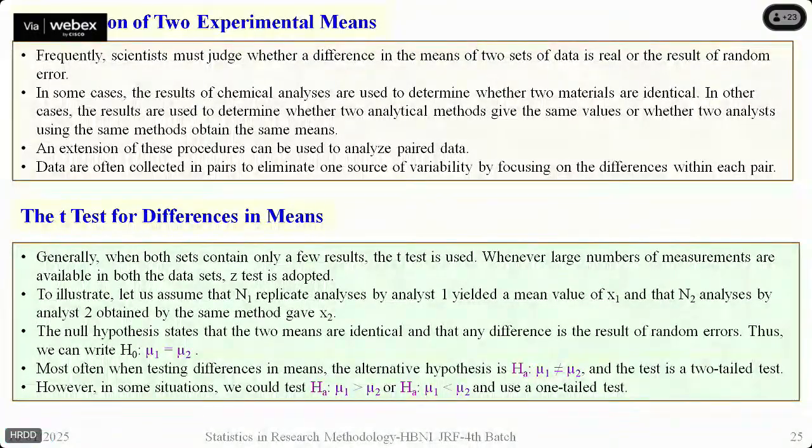We can compare the two means or we can take the difference between the two means. If the difference is very small, we can say that they agree with each other. If I ask you a question, if two of you give the same answer with slightly different ways of presentation, I'll say that both of your answers are correct. Different ways of presentation.